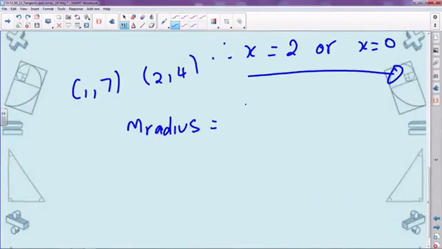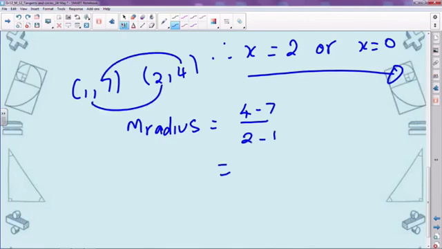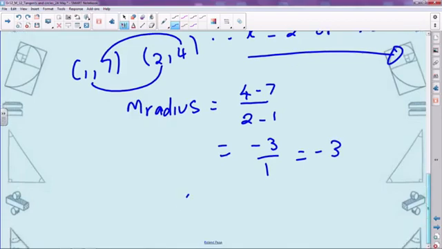So the gradient of the radius will be 4 minus 7 all over 2 minus 1. So that's going to give me 4 minus 7 is minus 3. Minus 3 over 1 is just minus 3. So therefore, the gradient of the tangent will be the negative inverse of that.